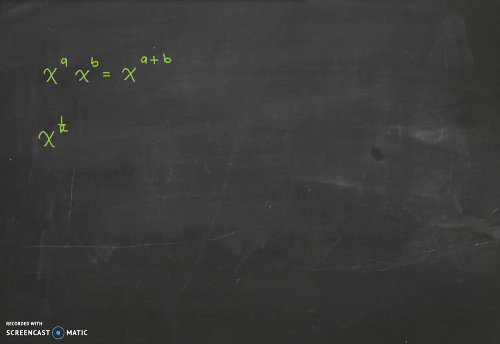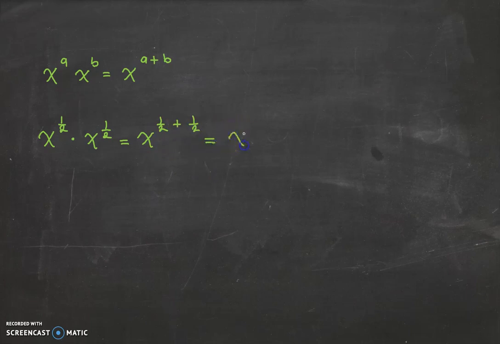However, if I apply this rule here, which we've already established, then x to the 1/2 times x to the 1/2 must equal x to the 1/2 plus 1/2, not x to the 1/2.